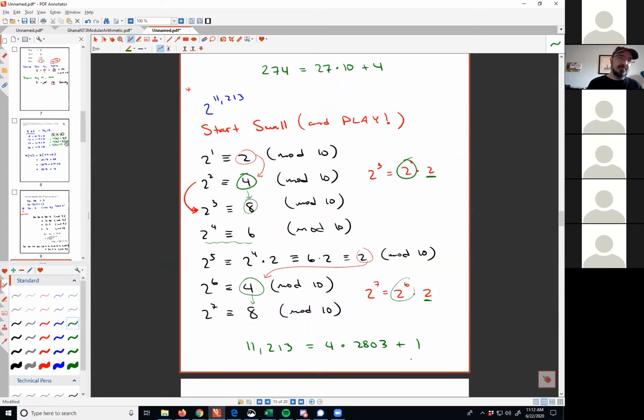If there's a remainder, based on that remainder, we can judge what type of remainder it'll have. So first, if it divides evenly, then it's going to have a remainder of 6 when divided by 10, so we get 6 as the units digit. But we have a remainder of 1 here. So what are we going to get?